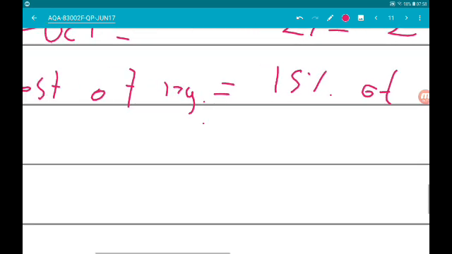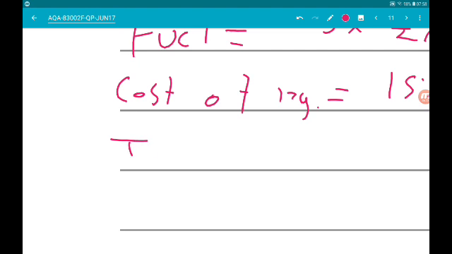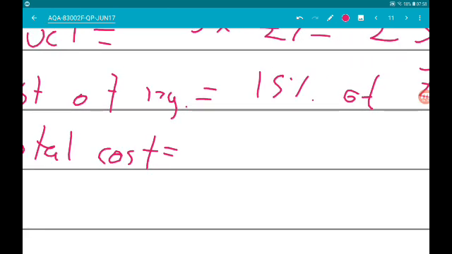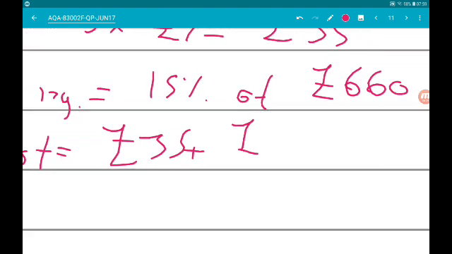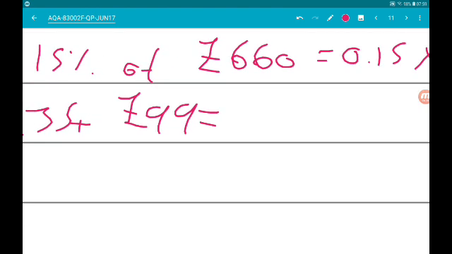So his total cost is 35 quid, add 99 quid, which is £134.